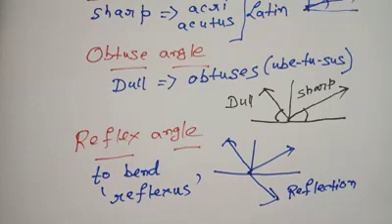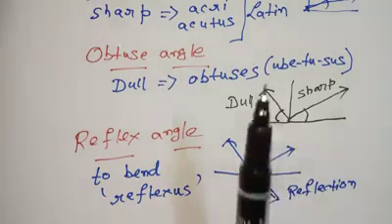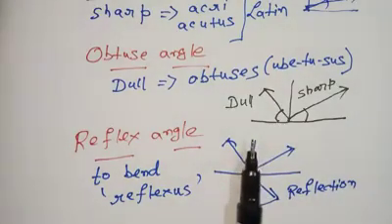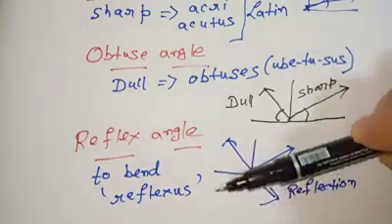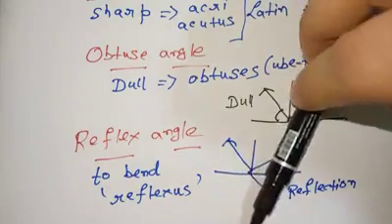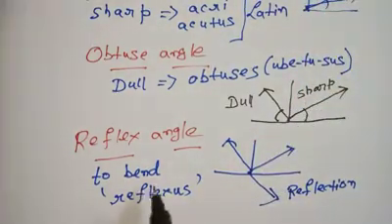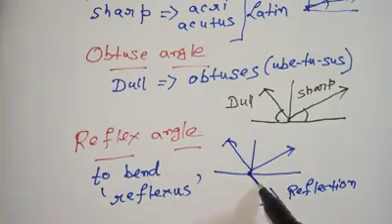Now you see that the meanings actually are derived from Latin words, and they carry a kind of relevance. So if I take this line from here, and this is coming, you see, and now it is bending. So in this area it is bending, isn't it? So that is why reflexus means to bend.